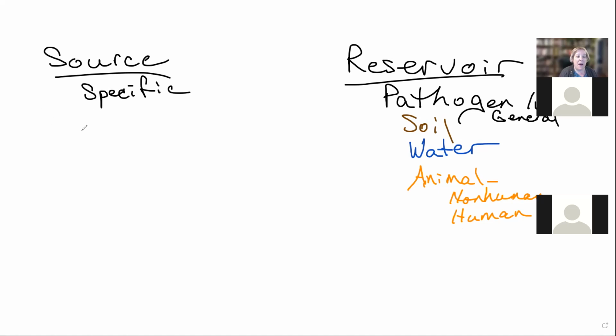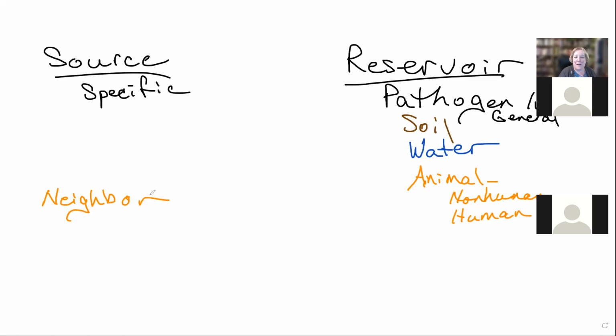But a specific source would be my neighbor that sneezed in my face and gave me influenza. Or my relative that during the height of the COVID pandemic, we drove together unmasked in a car for 2 hours. Okay, so that's very specific.